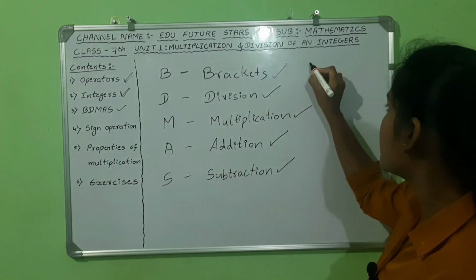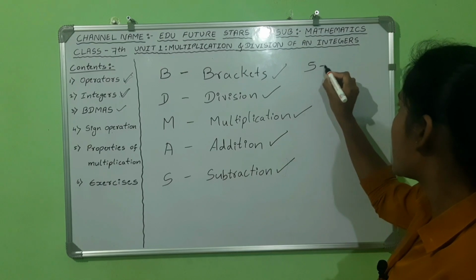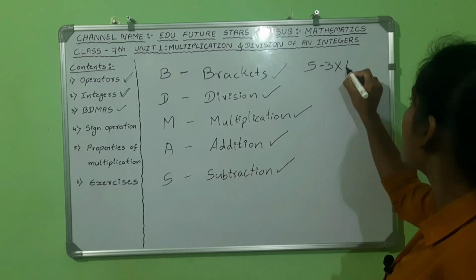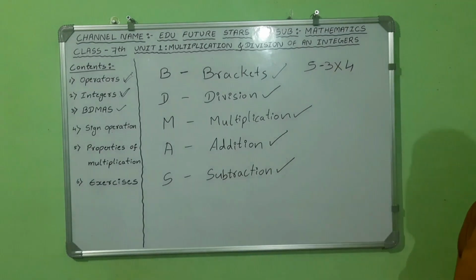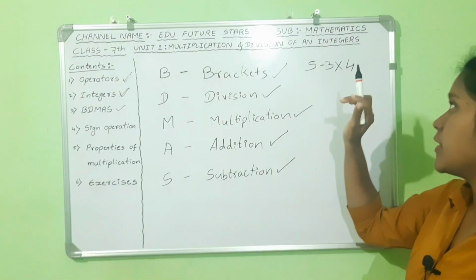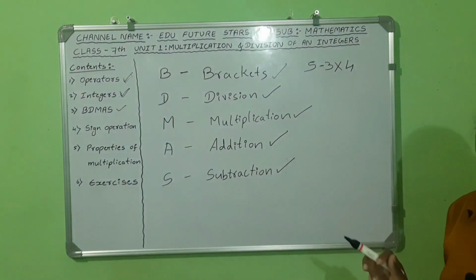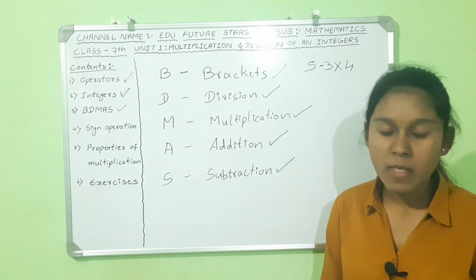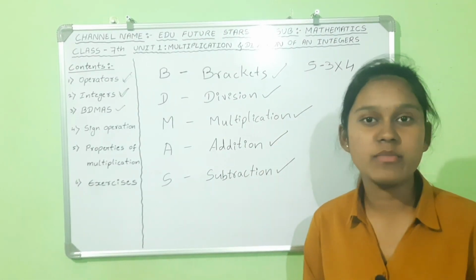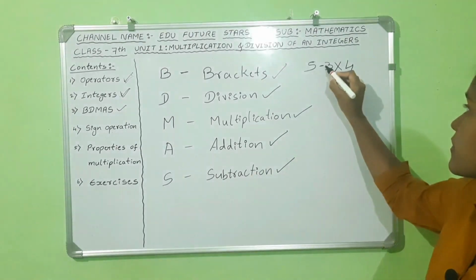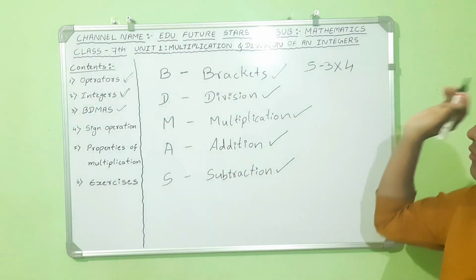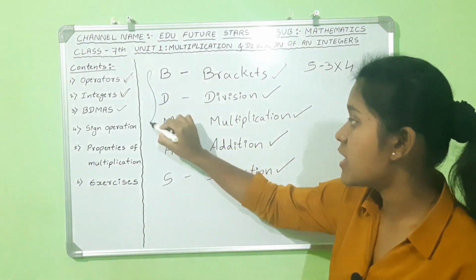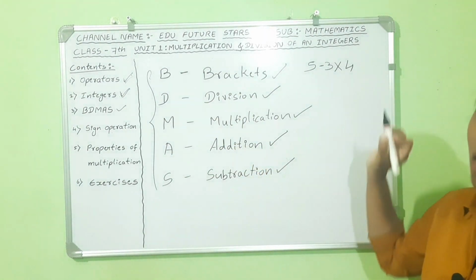I'll give some examples. If we have 5 minus 3 into 4, how can we solve this kind of sum? Because here we have more than 2 numbers and more than 1 operator. According to the Bodmas rule, we can give a priority.